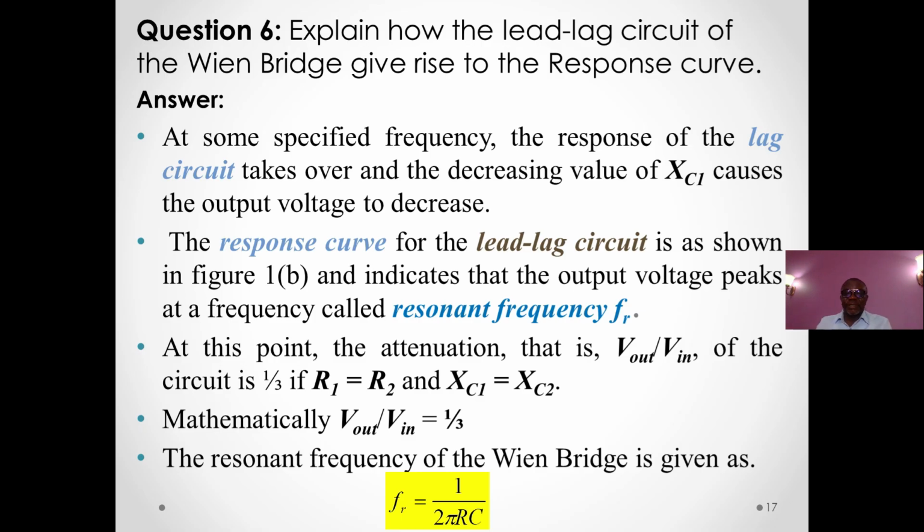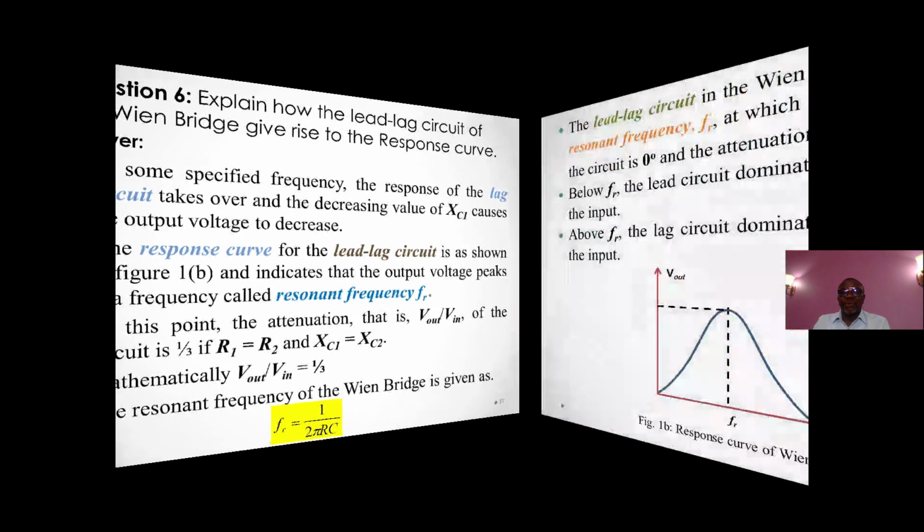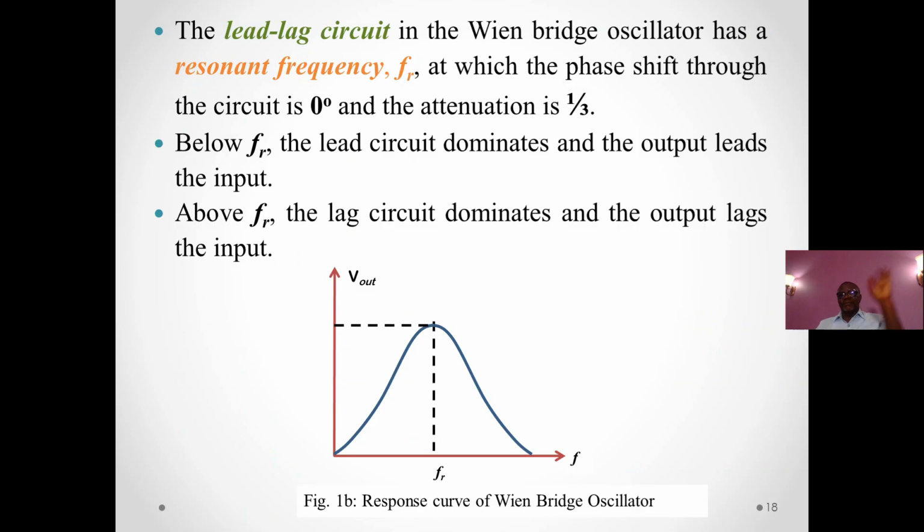The resonant frequency of the Wien bridge is then given as Fr equals 1/(2 pi RC), where R is the equivalent resistance of R1 and R2. If we look at the diagram we have above, that R1 and R2 will now be R3 and R4 when we drew the lead lag circuit.